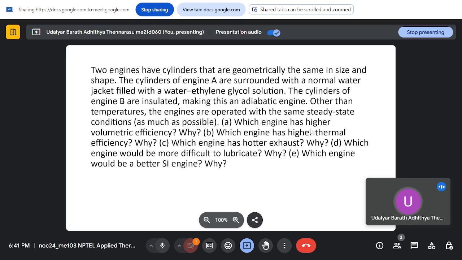So we have 5 questions, and we have two identical engines. One is cooled with a water in glycol solution, and the other is an adiabatic engine.